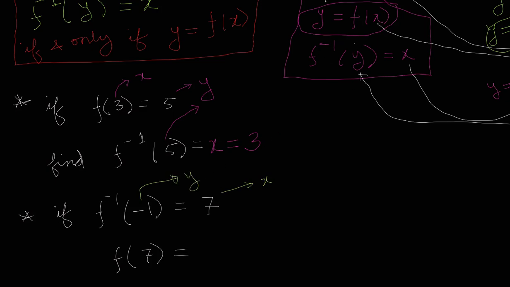I was given that f inverse of y equals x. So I can write f of x equals y. So y is actually -1, so f of 7 equals -1. So this is basically the definition of inverse function.